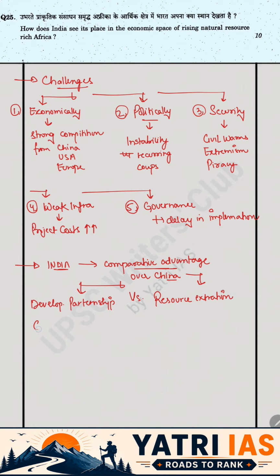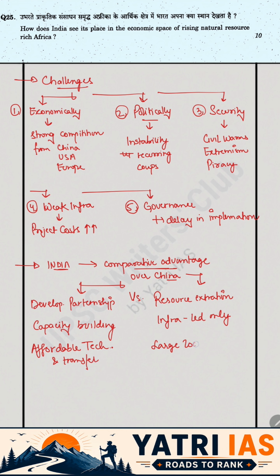India pursues capacity building, while China's growth model is infra-led only. They do not focus on building capacity. We could provide affordable technology and its transfer, while you must have seen China provides large loans.